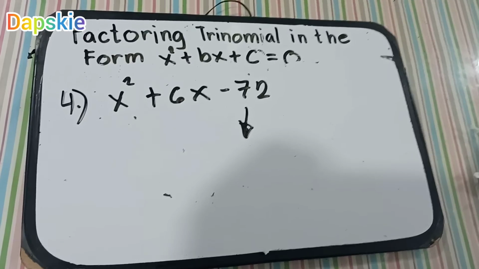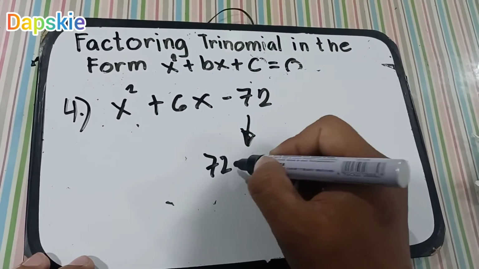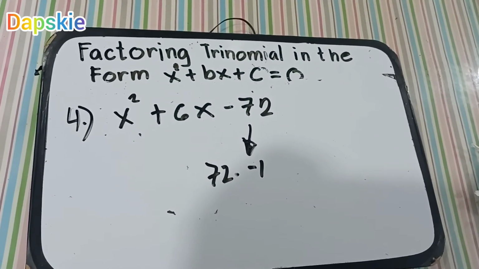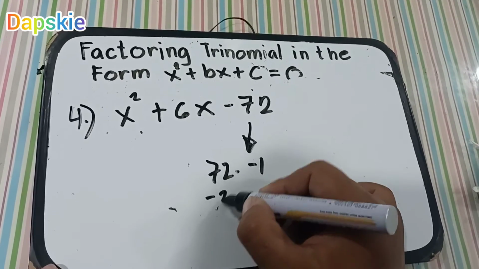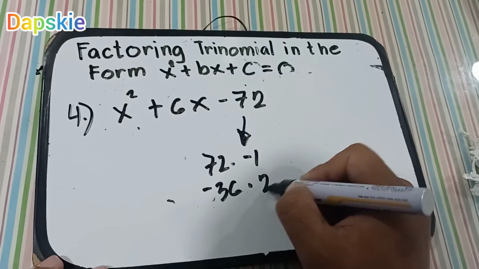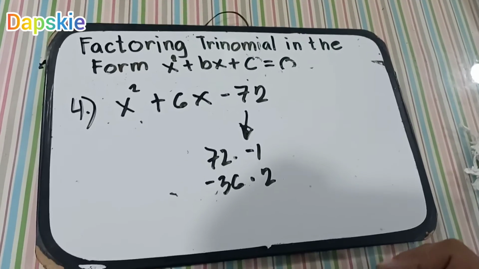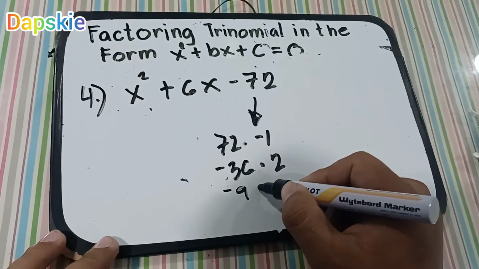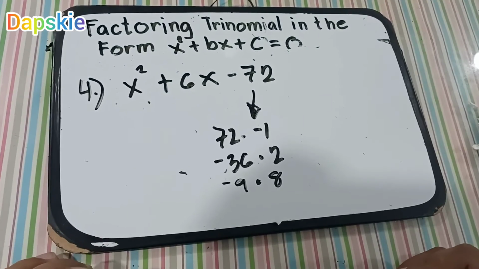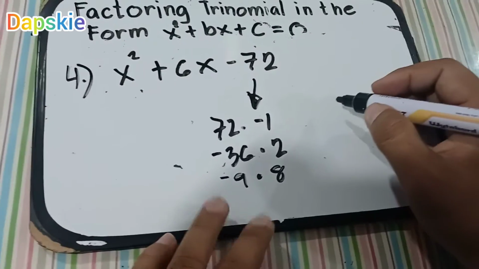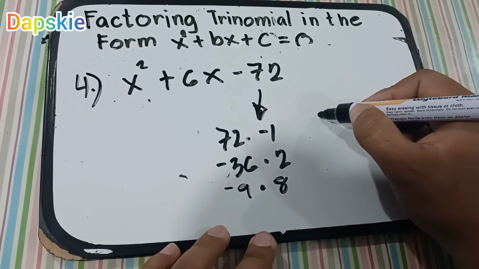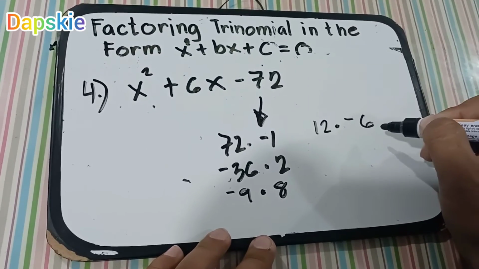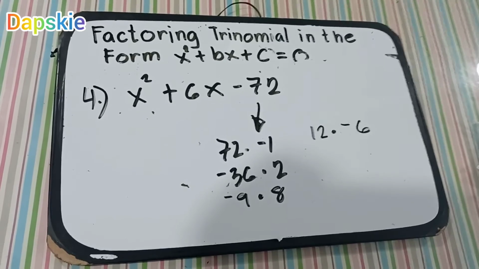The factors of the third term could be 72 times negative 1, or negative 36 times 2, or negative 9 times 8, or 12 times negative 6. Now we are going to try and error.